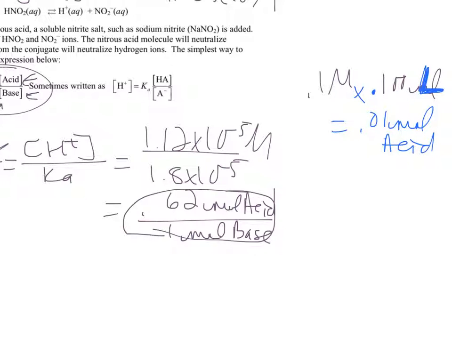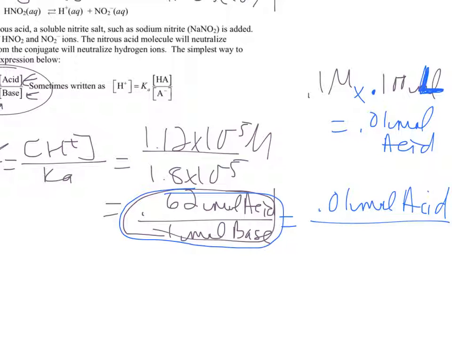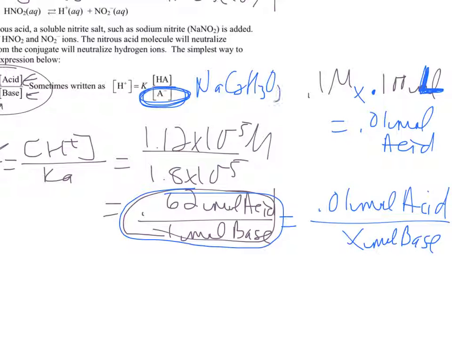So at this point, all I need to do is set this up as an equality. I know that this is the ratio that I want to get to. I also know that this is what I actually have. What I'm trying to figure out then is how much of the base do I need to add? Keeping in mind that that base is going to be that sodium acetate that will give me my acetate ion to work with.